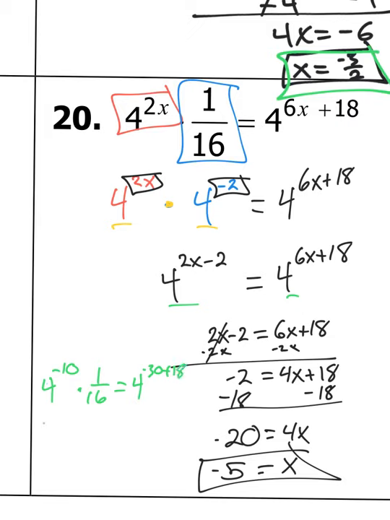So I get 4 to the negative 10 times 4 to the negative 2, since 1 over 16 is just 4 to the negative 2. Does that equal 4 to the negative 12? Yes, it does. Like bases, we add the exponents, so I get 4 to the negative 12. Does that equal 4 to the negative 12? We're good. That is my answer.